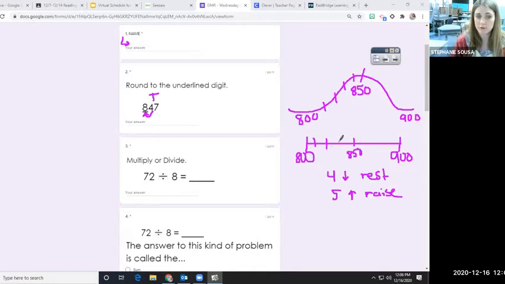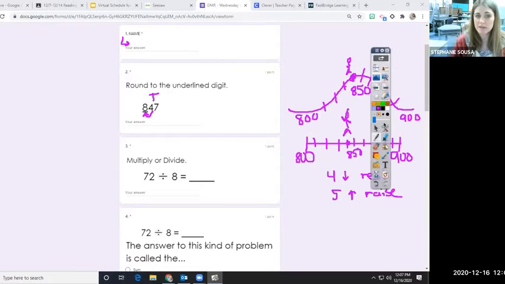810, 820, 830, 840, 850, 860, 870, 880, 890, and then 900. Now we're at 840. So we're going to go 10, 20, 30, 40. So this is where 847 would be on a number line or on a roller coaster.